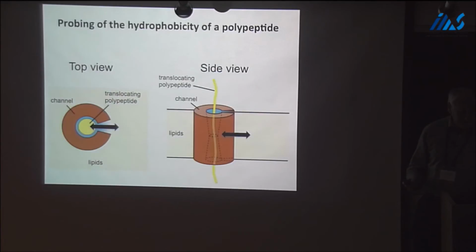And what we are therefore postulating is that the hydrophobicity of the segment inside the channel will be continuously probed. And if the hydrophobicity is high enough, then the polypeptide chain can move sideways out into the lipid phase and become a transmembrane segment. So this is a completely passive partitioning process that only depends on the segment, the 20 amino acids that are at any given time inside the channel.